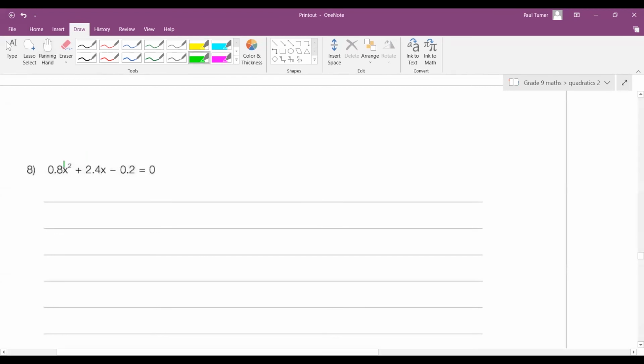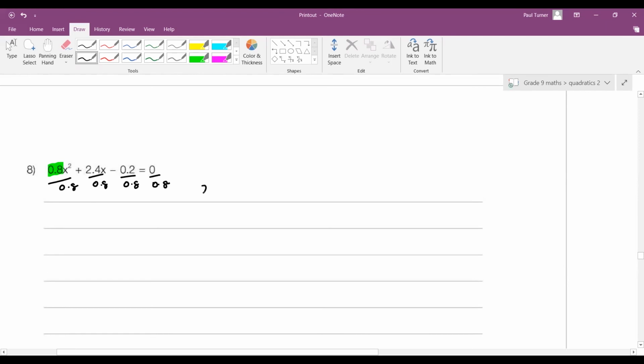You've got decimals, so you got 0.8 here, and we don't want 0.8. So a good idea would be to divide everything by 0.8, like that, every term.